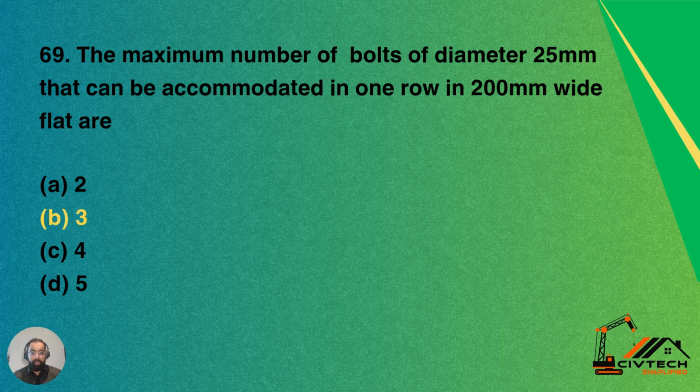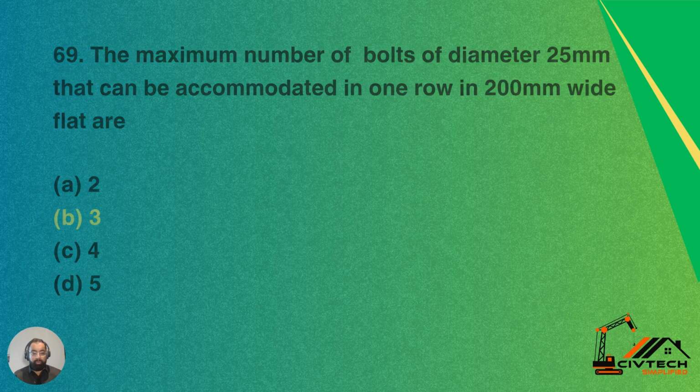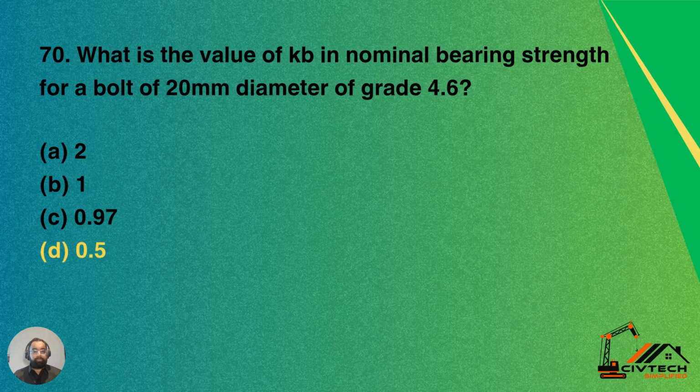Option A is 2, B is 3, C is 4, D is 5. So B is the correct answer for this question. 3 bolts can be accommodated for a 200 mm wide plate, and those bolts would be 25 mm in dia, so they can be placed in one row.